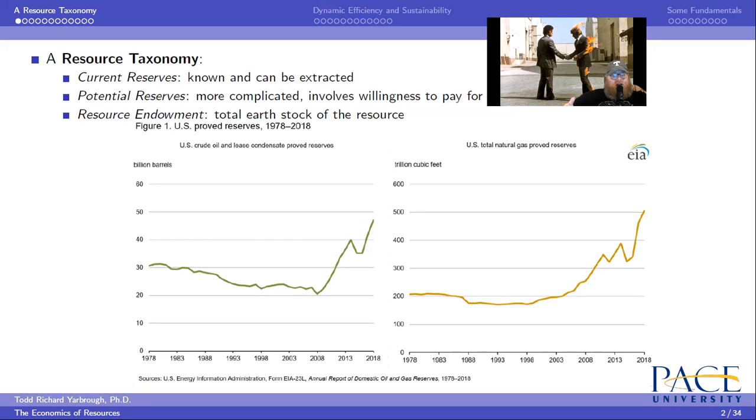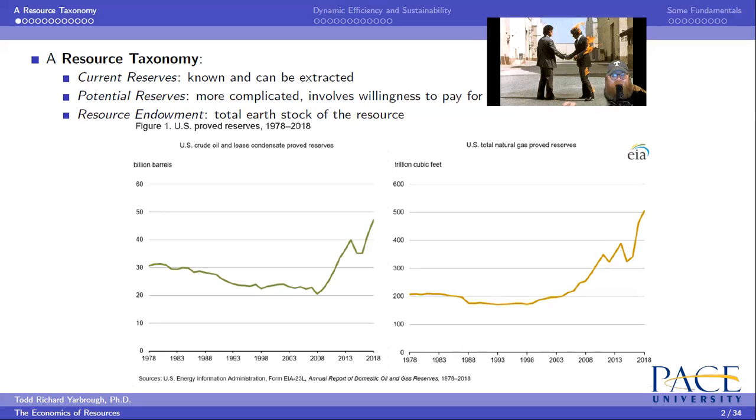Just to give you an idea, these are two figures which show proved reserves in oil as well as natural gas. The term proved here refers to the fact that we know these reserves exist. So we may think about them in the context of current reserves, although sometimes we know that a reserve exists, but it isn't necessarily extractable.